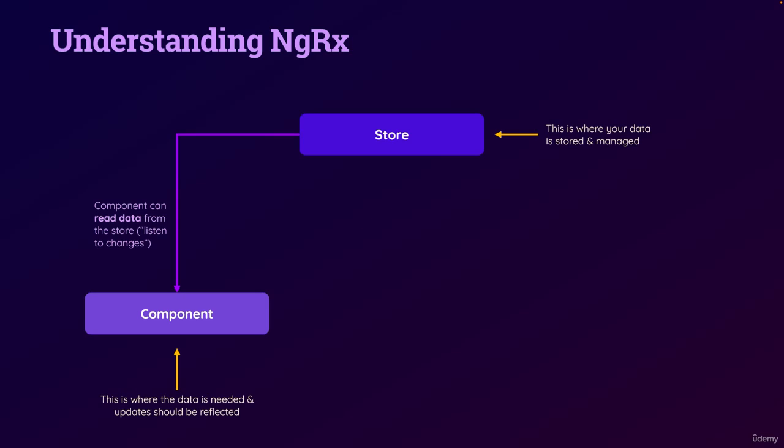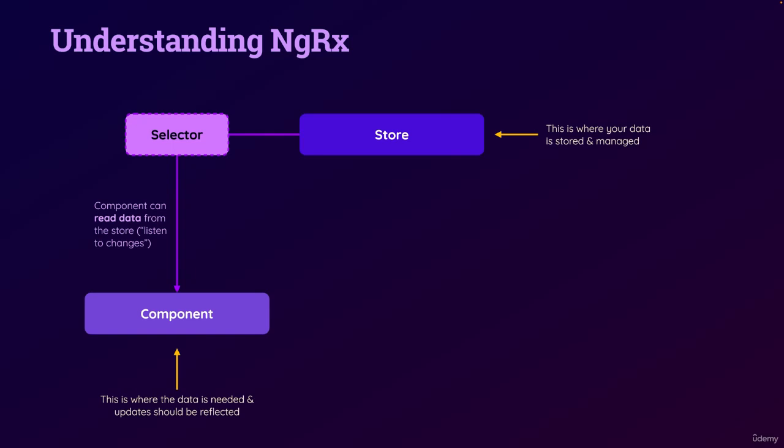And for reading that data and extracting that data from the store, it can also leverage a concept called selectors, which is a concept defined and introduced by NGRX, and it's actually a totally optional thing, as you will learn in this section here.